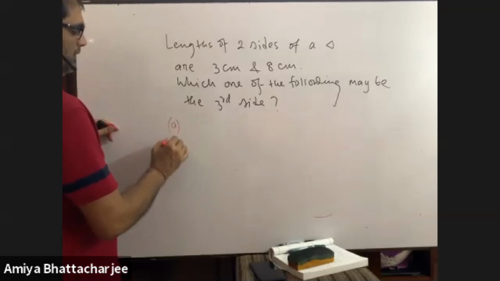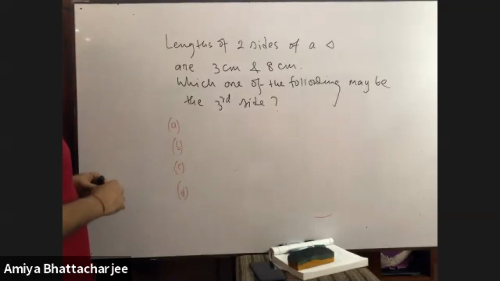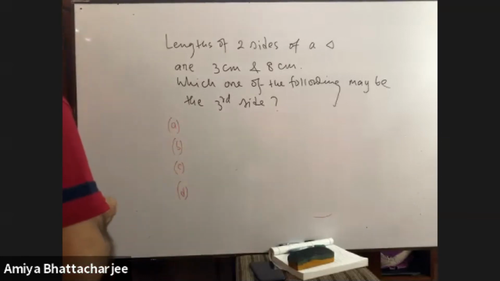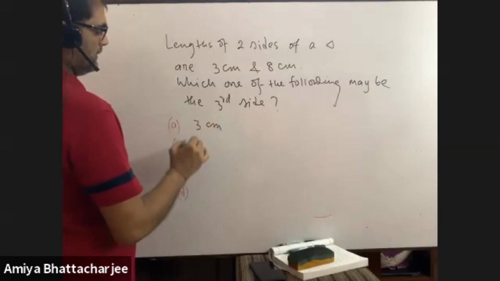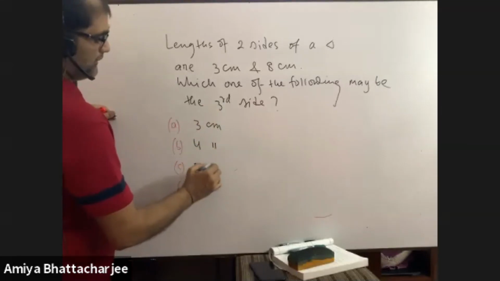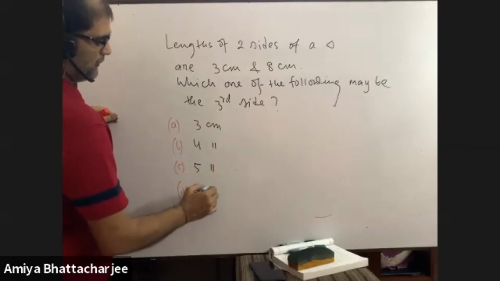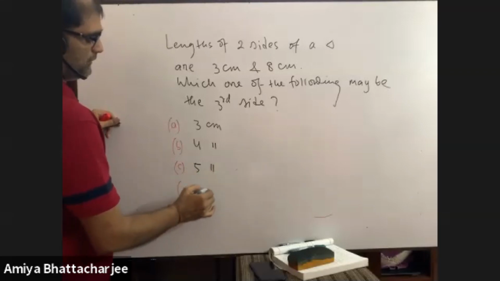I am going to write 4 options, A, B, C, D. Number 1 is 3 centimeter, 4 centimeter, 5 centimeter, 6, okay, not a matter, 8 centimeter.